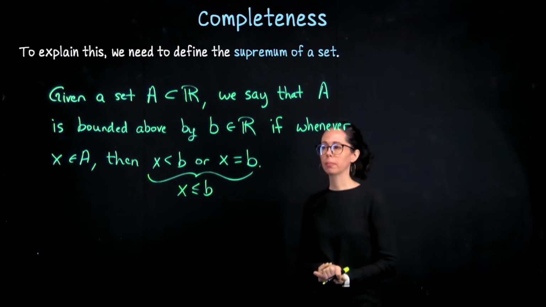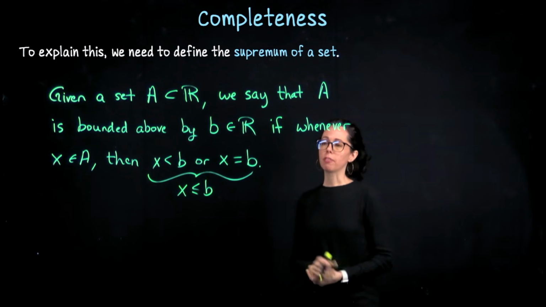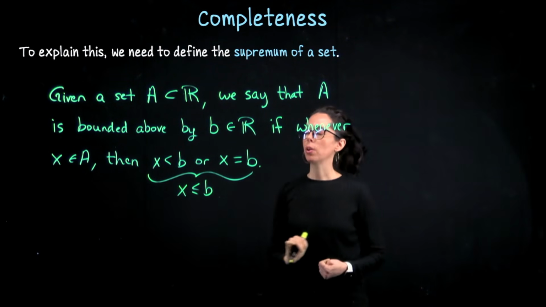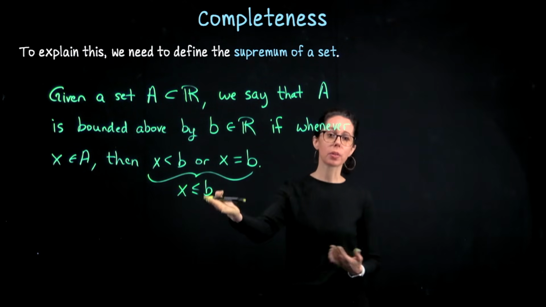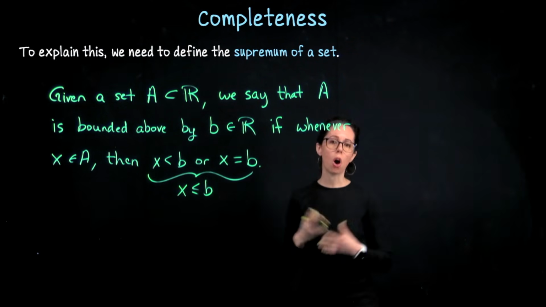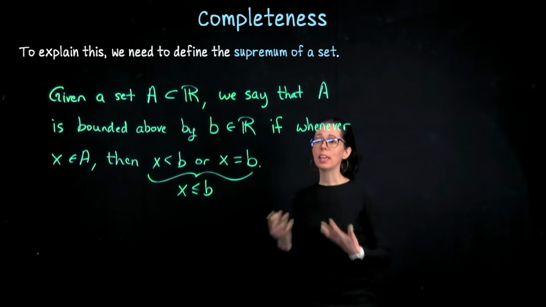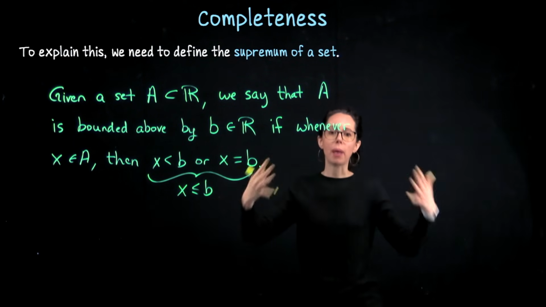Okay. All right, so A is bounded above by the number B if whenever X is in A, then X is less than or equal to B. So B is greater than or equal to all of the members of the set A. If there exists such a number B, A is bounded above.